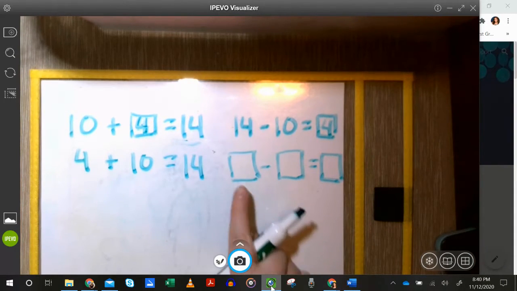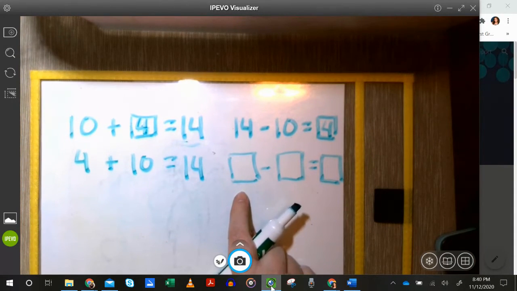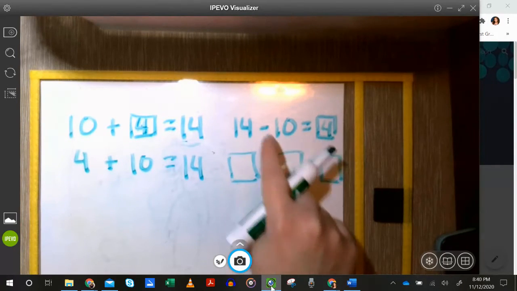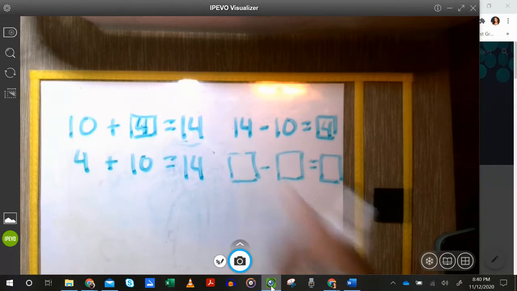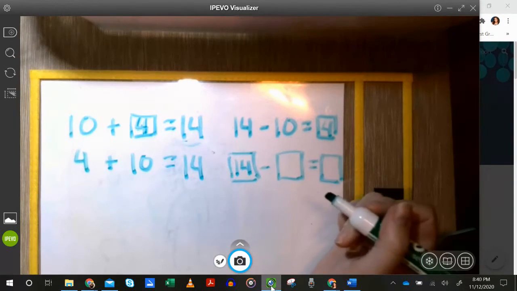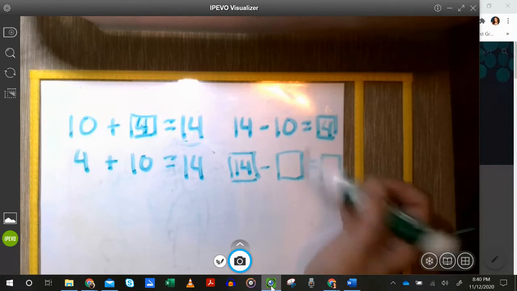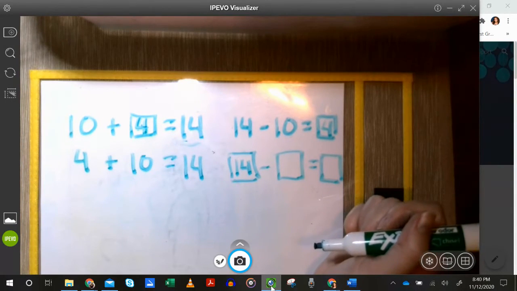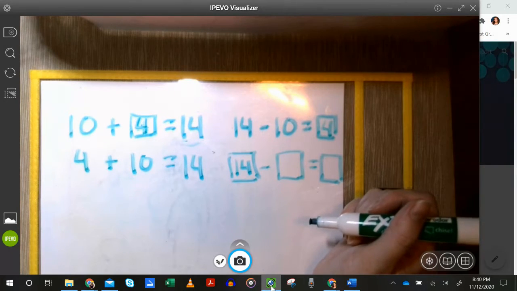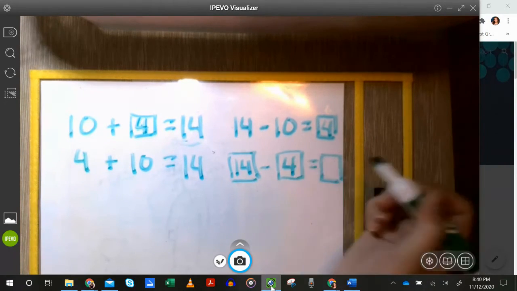Okay, when we subtract, what do we start with? We start with the whole. Okay, so we know the whole family together is the 14 family. So we're going to put 14 as my whole. Now, 10 already went to run an errand. So who do we need to let have a turn to run an errand now? The 4, that's right.